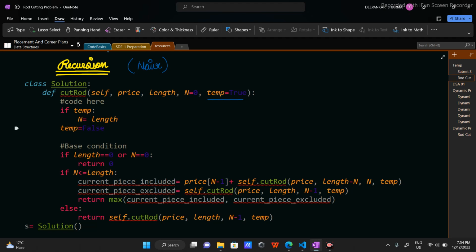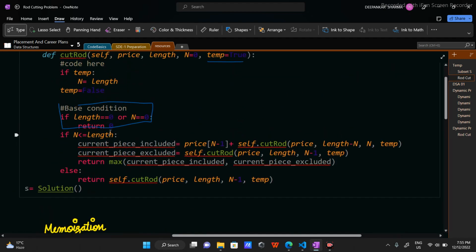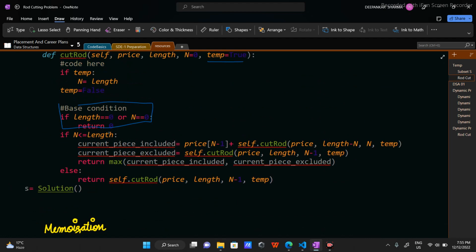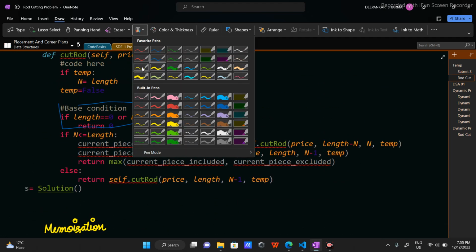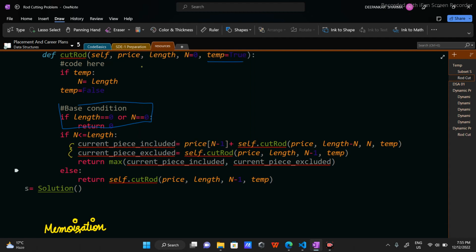Okay. So just in case, like, see, what will be the base condition? We'll come back to this portion later. But see what's happening. If the length is less than the length I am remaining with, I will have this choice. At this portion of the code, I am having the choice. Choice matters, right? So I am having the choice if this length is lesser than the length I am remaining with.